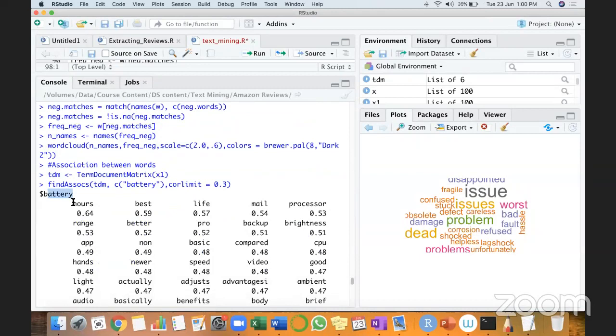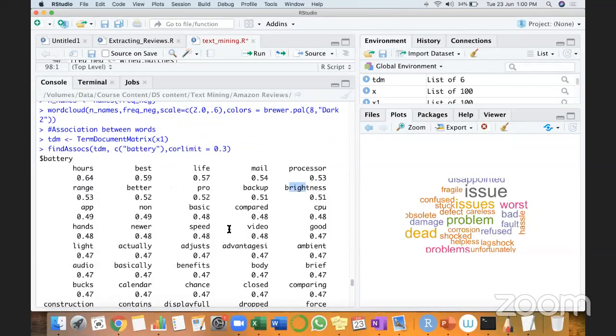People are using hours. They are saying best battery, the lifetime, whether lifetime is high or low, processor, range, battery life, backup, brightness. Even if they increase the brightness, the battery lasts many hours. So these are the words people use in association with battery.